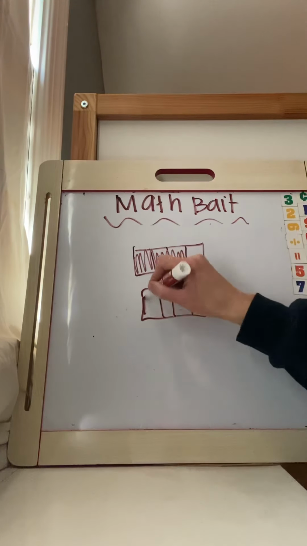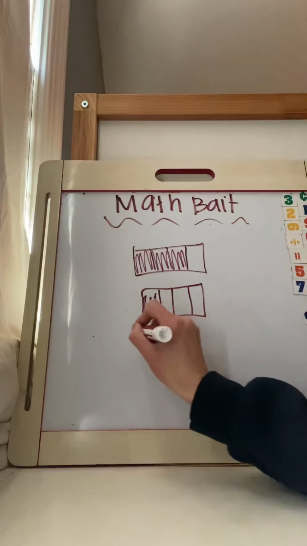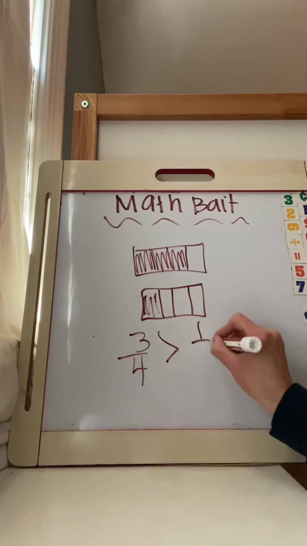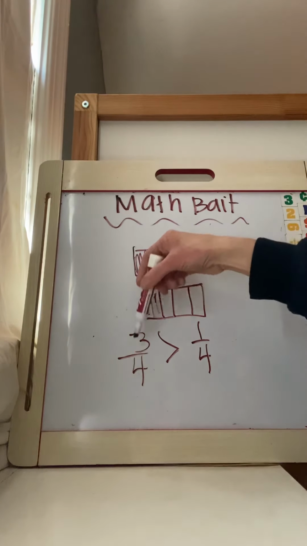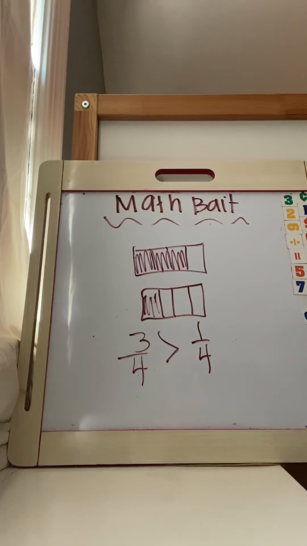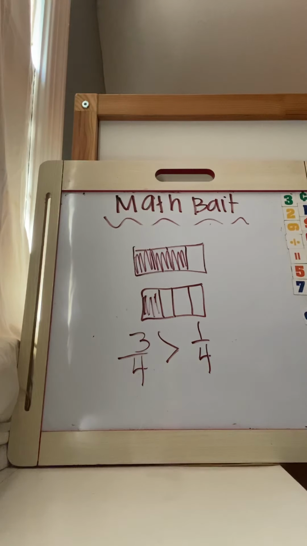This one, the second fraction, I would have only eaten 1 of the pieces. So therefore, 3/4 is more than 1/4. Remember, when your denominator is the same, you're going to look to your numerator and you're going to go with the bigger number. That's not always the case when your denominator is different, right?